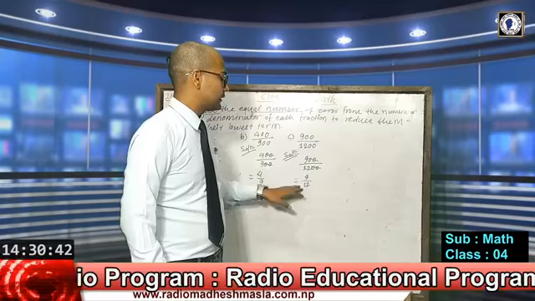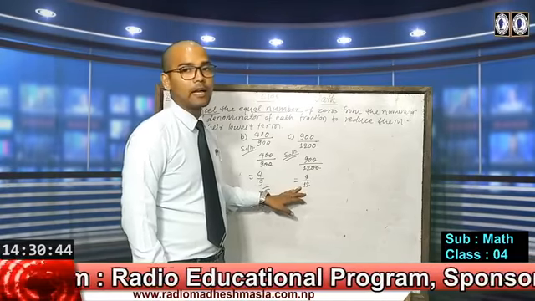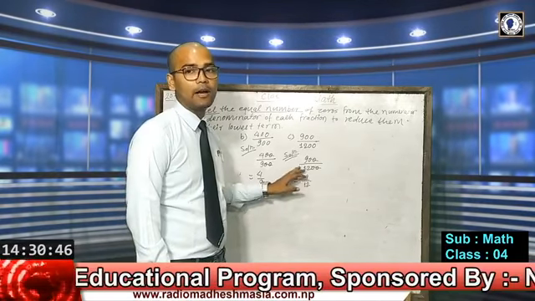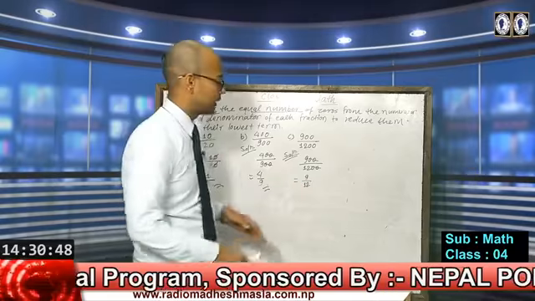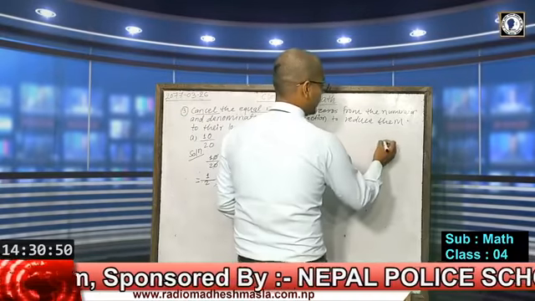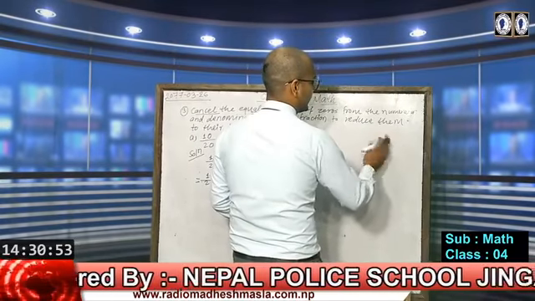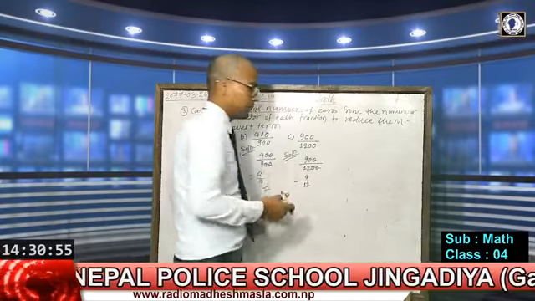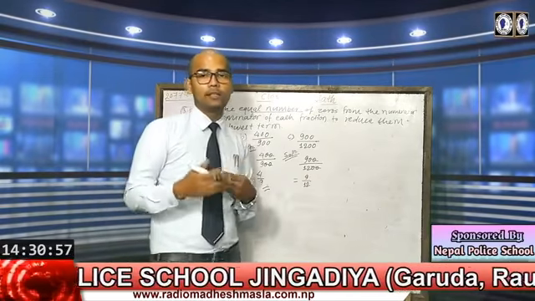Then we should find the common factor of 9 and 12 that can divide 9 and 12 at once. So let's read the tables of different numbers like 2, 3 and 4.